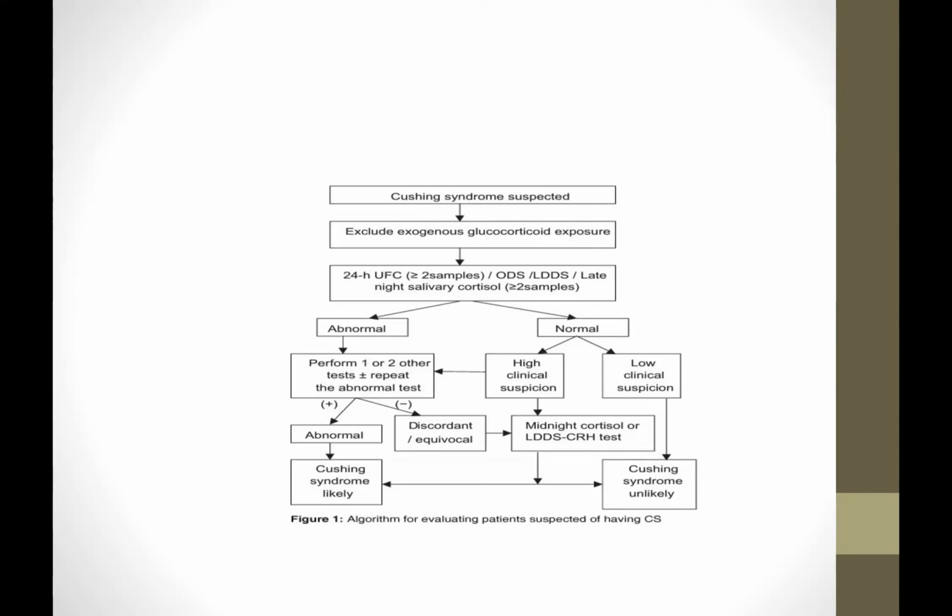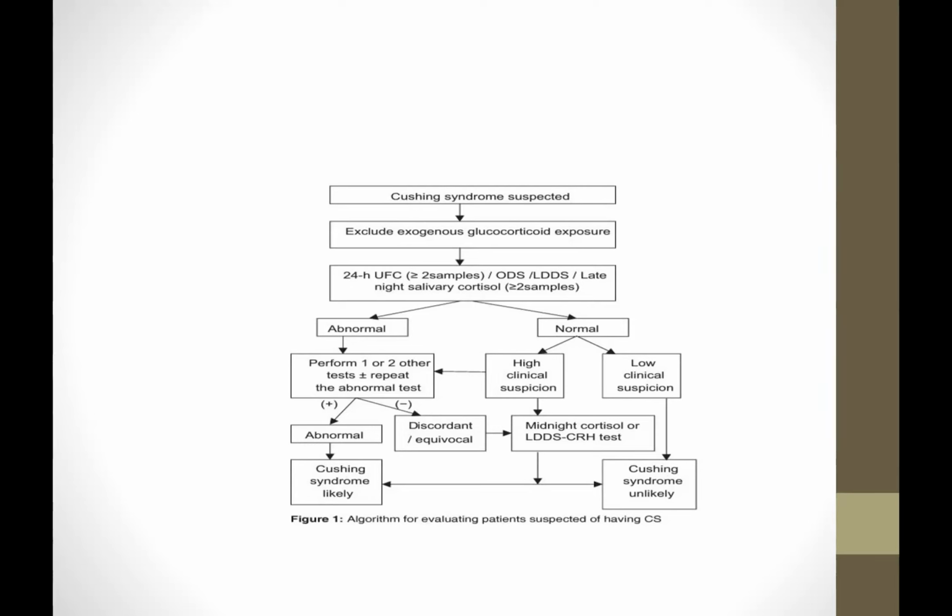You do the same LDDS with the CRH given 2 hours after the last dose of low dose dexamethasone of 0.5 milligrams, 6th hourly we have given. And after CRH, 15 minutes later, you take the blood sample. How much CRH do I give? 1 microgram per kilogram body weight. That is the test. Supposing the initial tests are normal, but you still have high clinical suspicion.